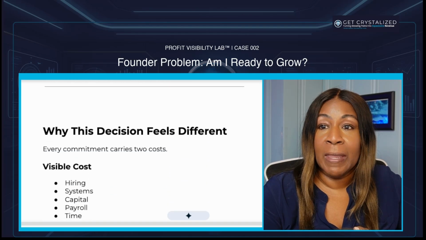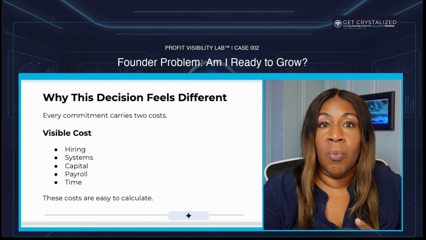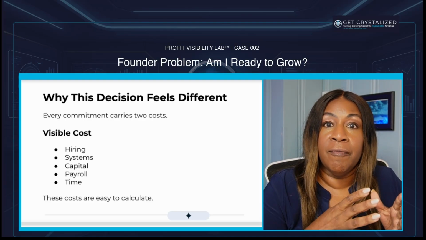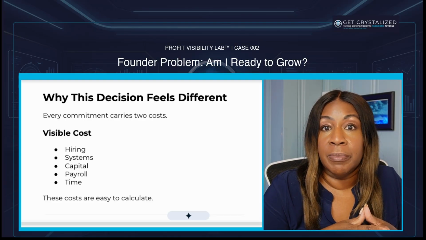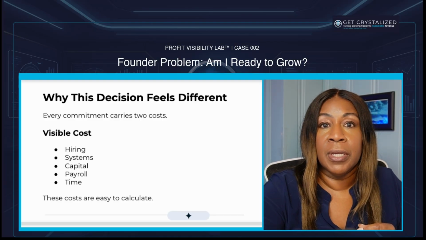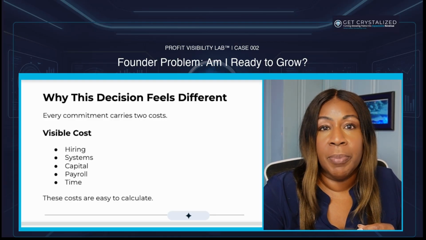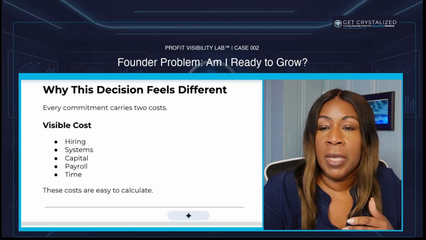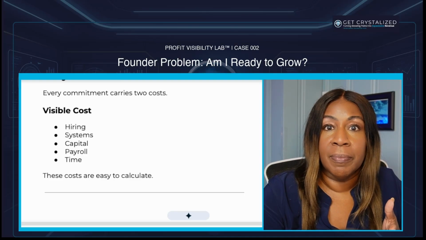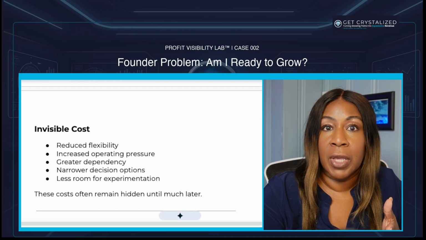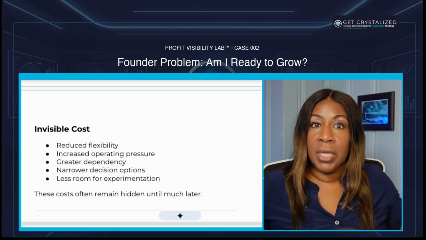Why this decision feels different is that we have visible costs and invisible costs. Visible costs are things like hiring, systems, capacity, capital, and payroll. These costs are easy; you can calculate them. What we can't calculate are the invisible costs. Reduced flexibility: I take on this big client, yeehaw!